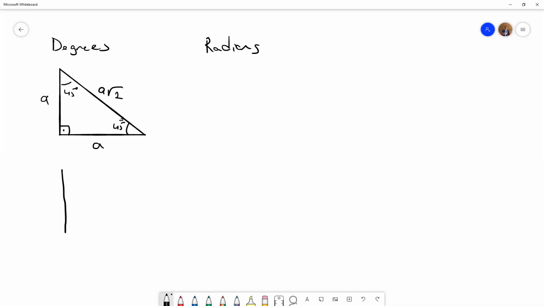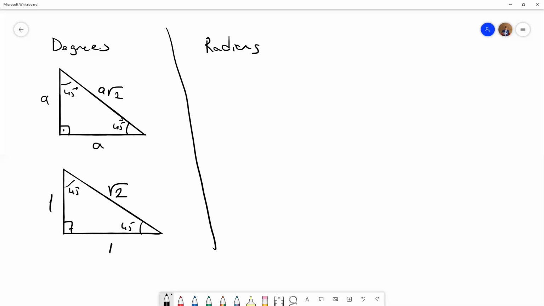This may be also like that. If we say a is equal to 1, this is square root 2. And here we have degrees here, yeah, 45, 90, and like that.